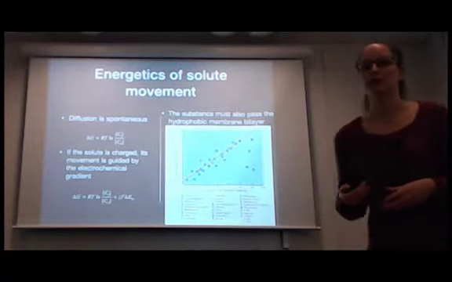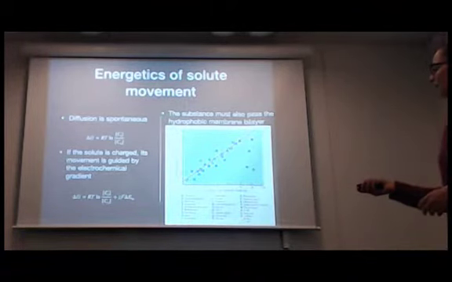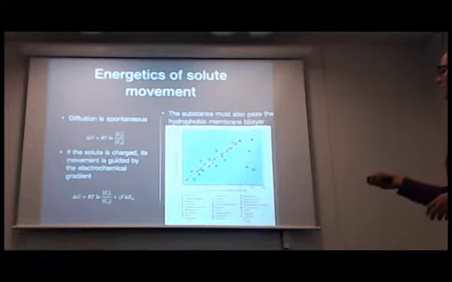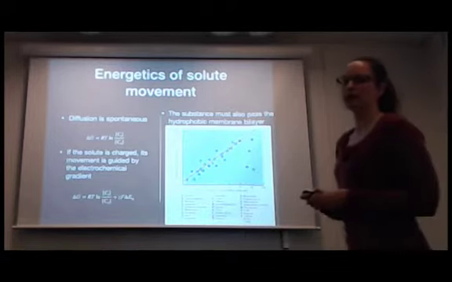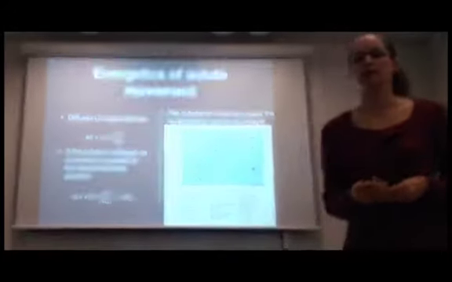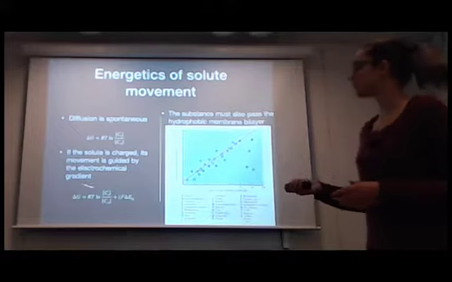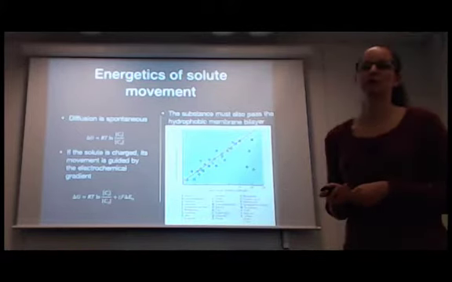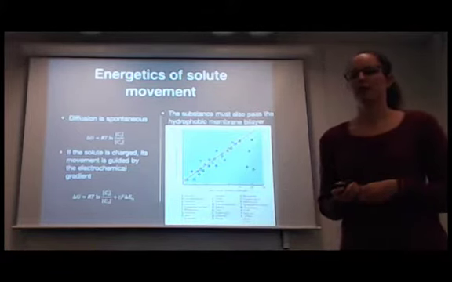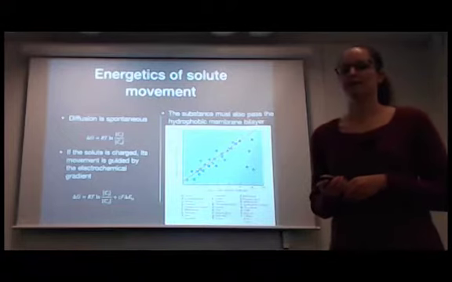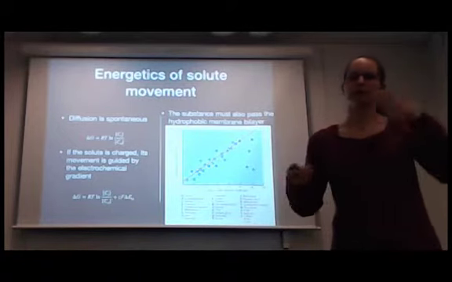This is related to the permeability of the membrane. So this is not a perfect correlation, but it works fairly well, and it demonstrates that this part of the energetics where you have to transport the solute is important, as well as the electrochemical driving force that guides what is the end product of transport.